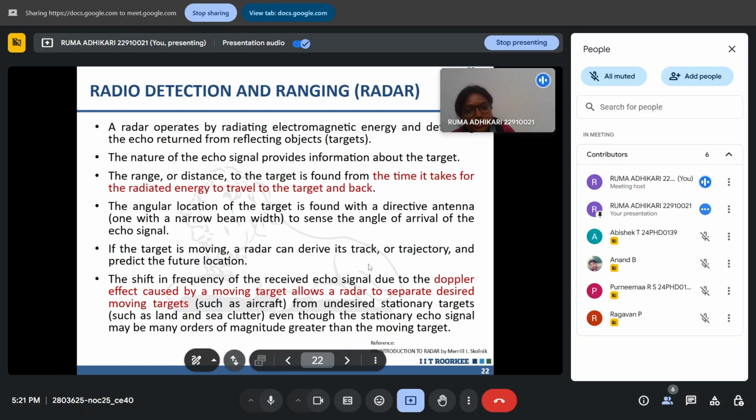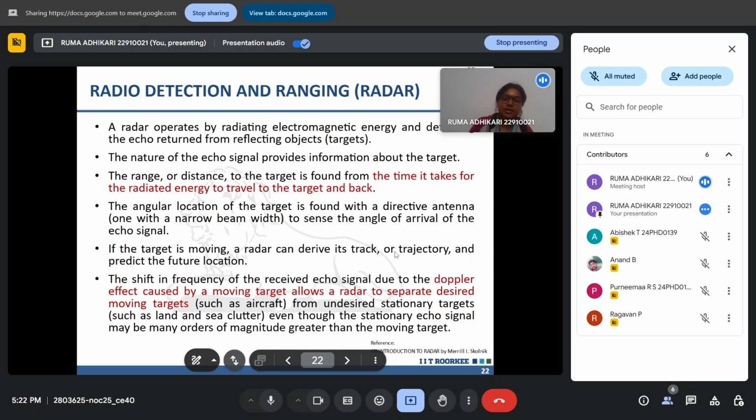And there is another phenomenon that happens. I told you how radar started during World War II, mainly for security and surveillance purposes: for tracking and detecting the opposition's vehicles and their movement. For this purpose the radar started. There they used the Doppler effect. Suppose one target is moving.